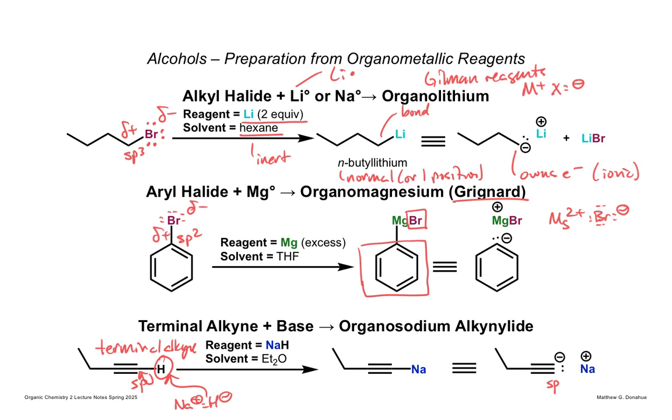I think for this class, the best way to think of it is that carbon has a full negative charge. And then the magnesium, the way this is shown, the magnesium is going to be your plus. So it's like that salt form. So that will help you think about the reactivity. So we'll draw some arrows on the subsequent slides so that you see where the nucleophile is originating.